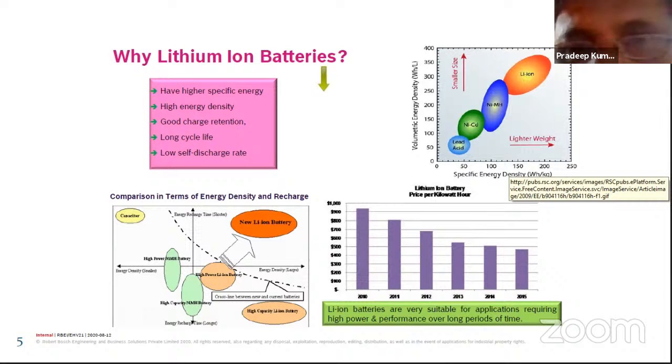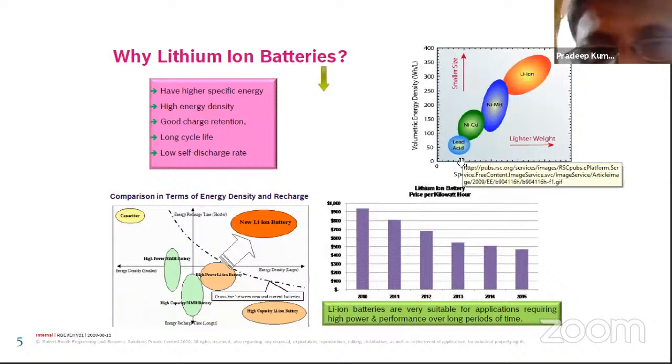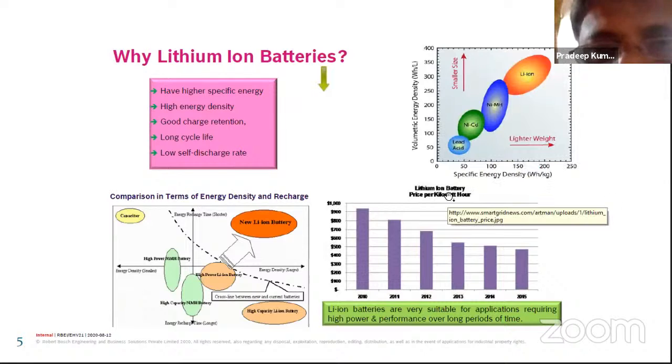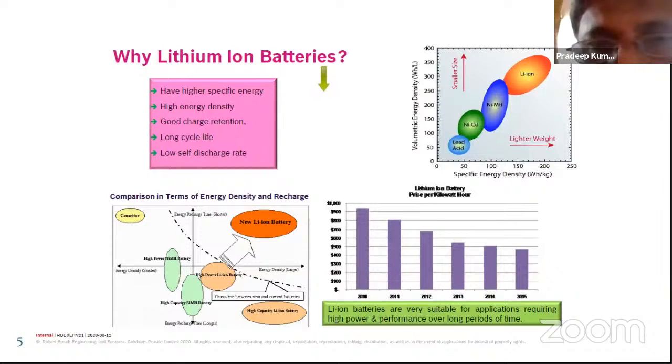All these conventionally available rechargeable batteries are behind the lithium-ion. If you look at lead acid, you are getting only 50 watt-hour per kg, and its volumetric density is also somewhere around 50. That means it will have very huge weight and very huge size for a given power.